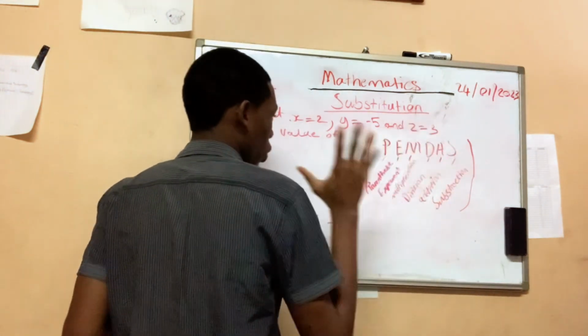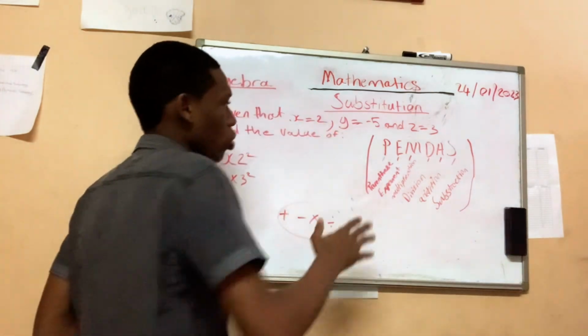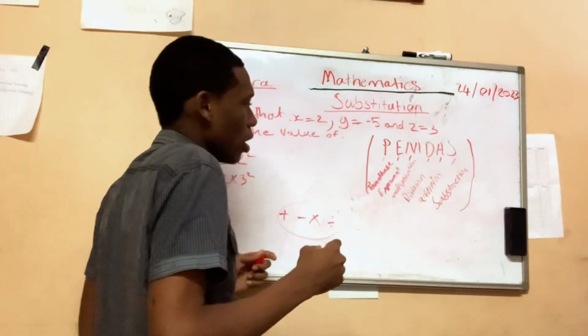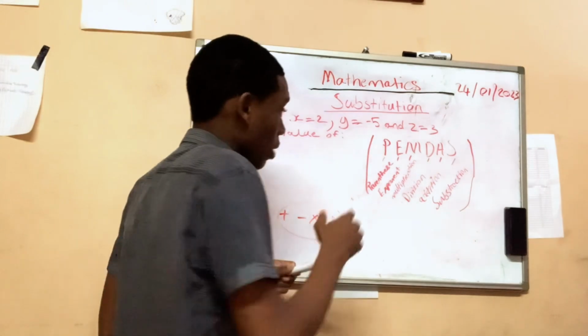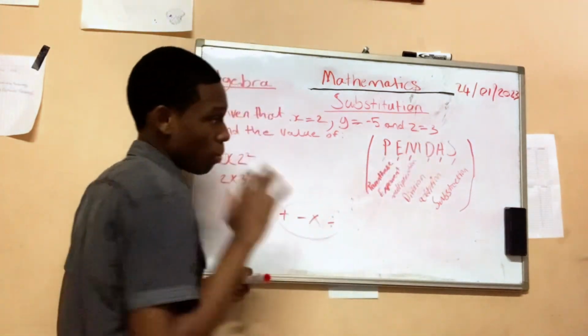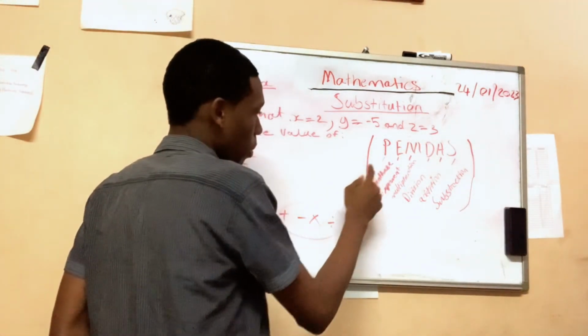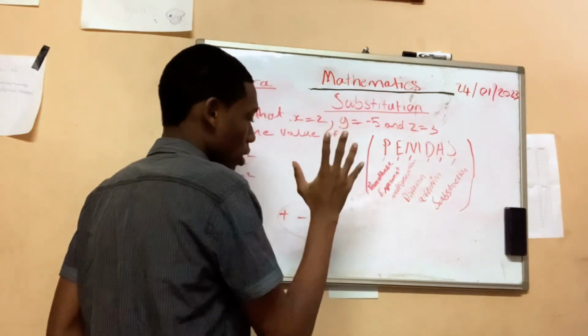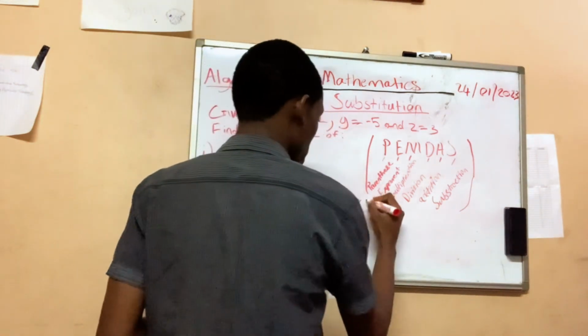You run through the rule, PEMDAS. The P stands for parentheses, which is bracket, which is this bracket.